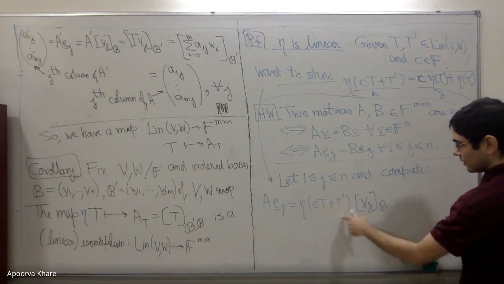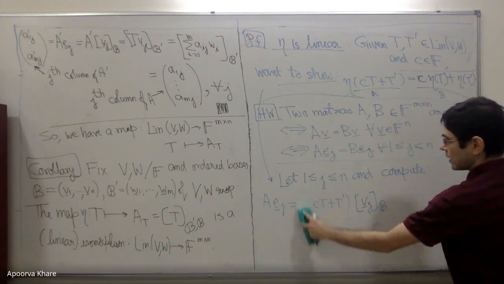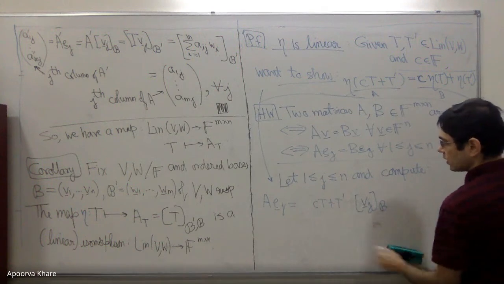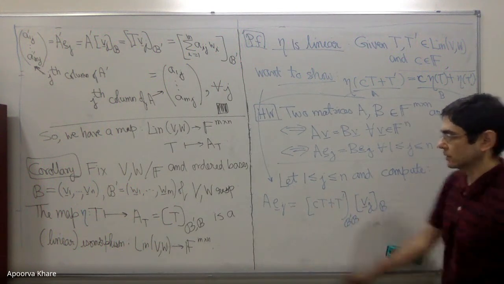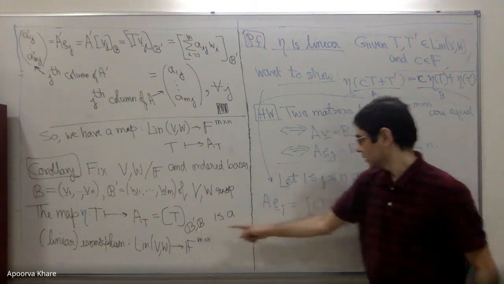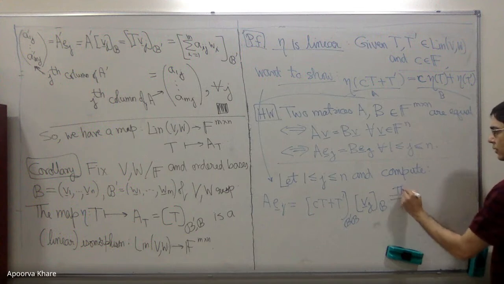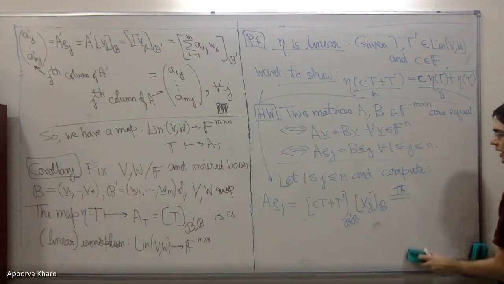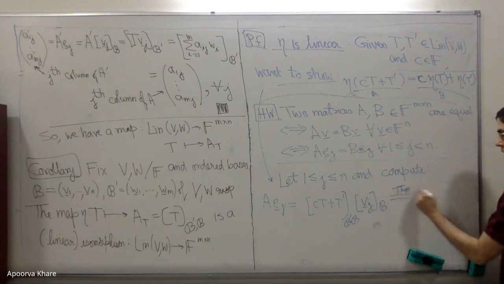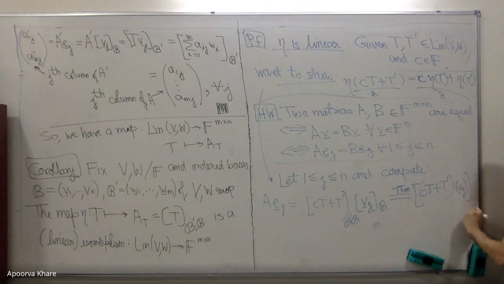And I can replace this by b prime b, because that's exactly what eta does. But now by the previous theorem, which I write as THM, this is exactly Cp plus T prime applied to Vj in the new basis b prime.